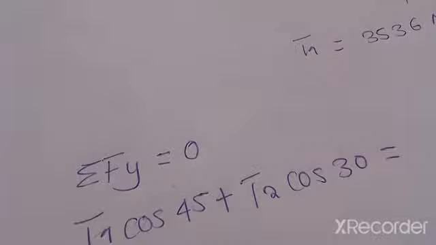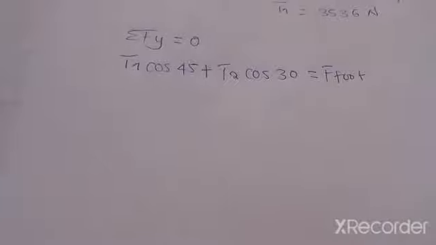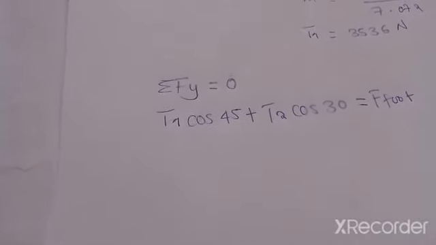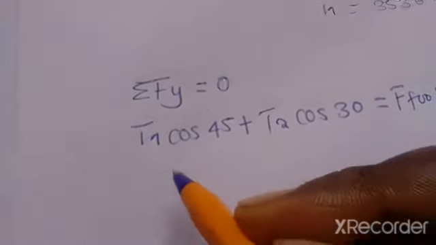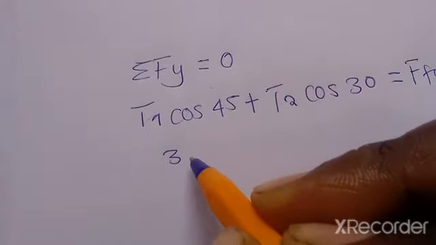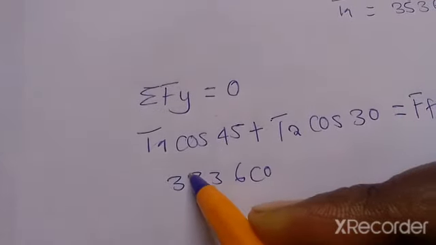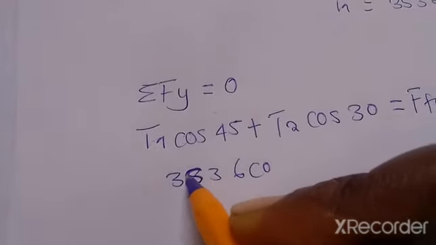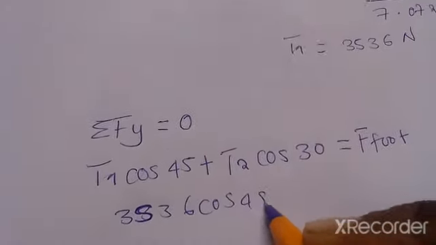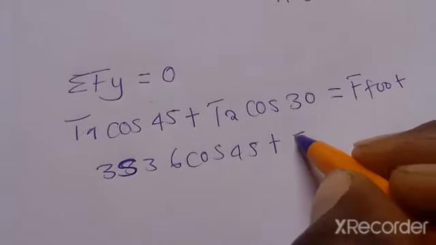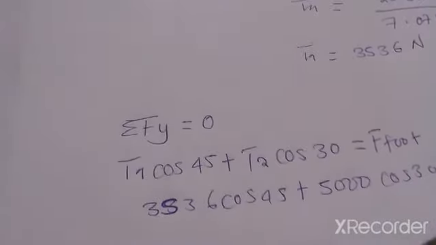That should give us the force from the foot. If we simplify that, we are getting 3,536, which is the force we calculated here, cos 45 plus T2, which was given as 5,000, cos 30, giving us the resultant that we have.